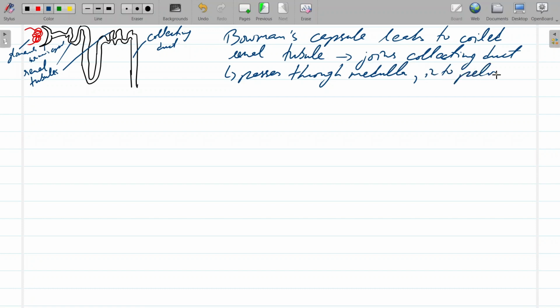And in the pelvis, it joins up with all the collecting ducts. They go into the ureter. So there are thousands of glomeruli, that's plural, in each kidney.